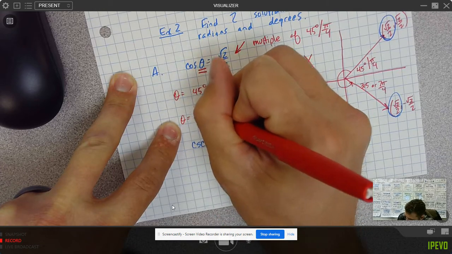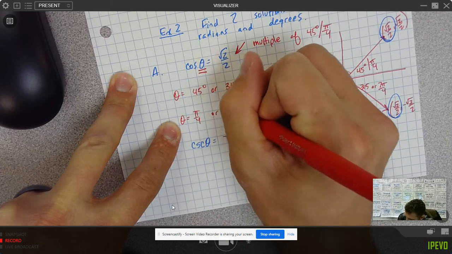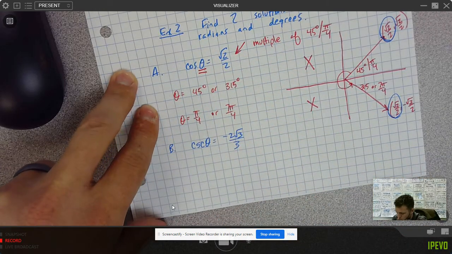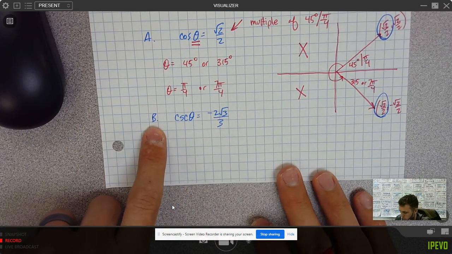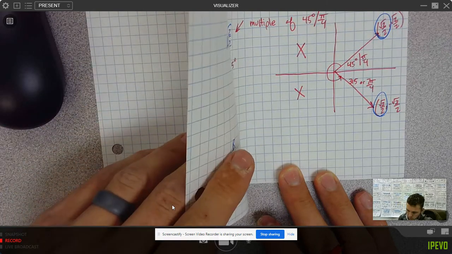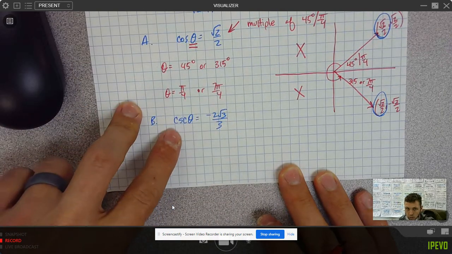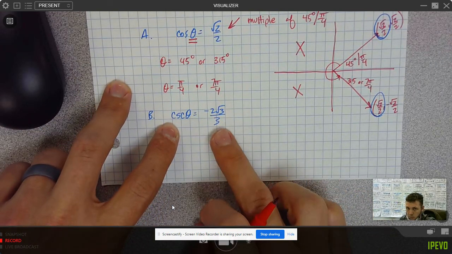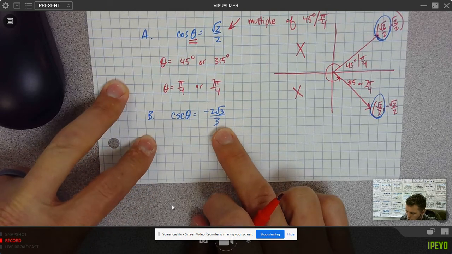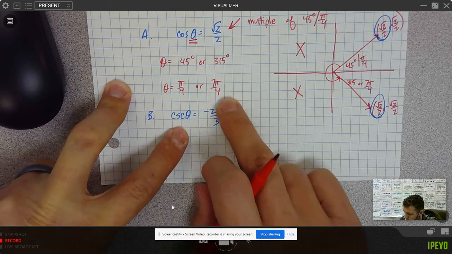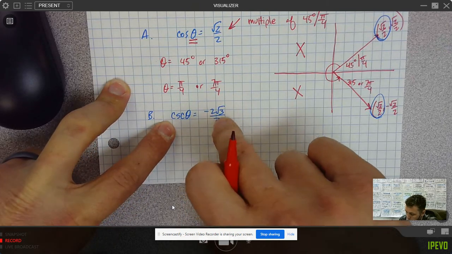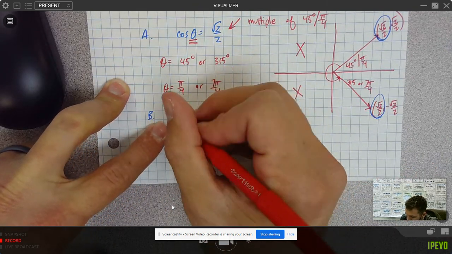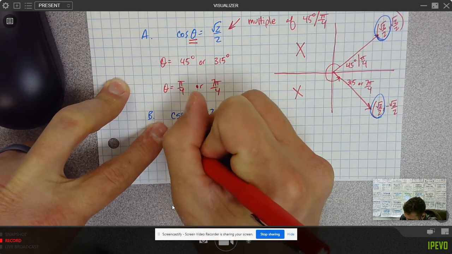All right, so this one we have cosecant of theta is equal to negative square root of 3 over 3. So one thing we want to think about, this right here we don't immediately recognize. But we do know that cosecant of theta is 1 over sine of theta, right? So sine, that's where we get our best values. So if I go ahead and take 1 over this and simplify, this is going to give us what sine of theta is equal to.